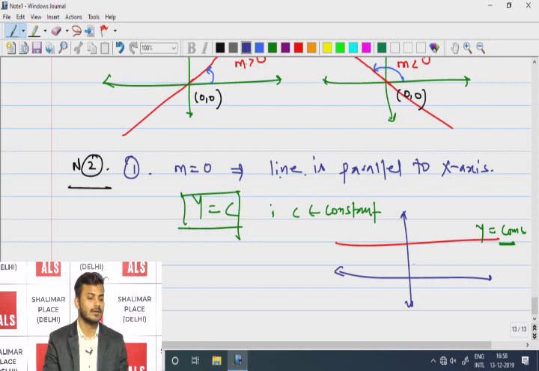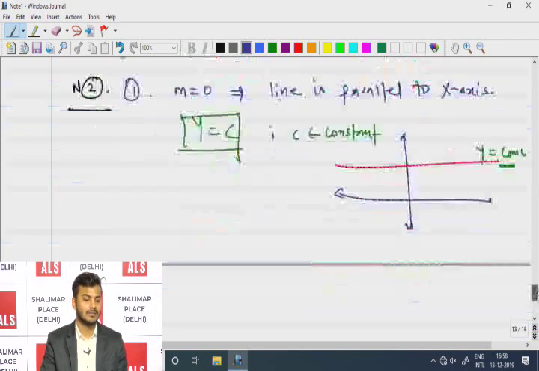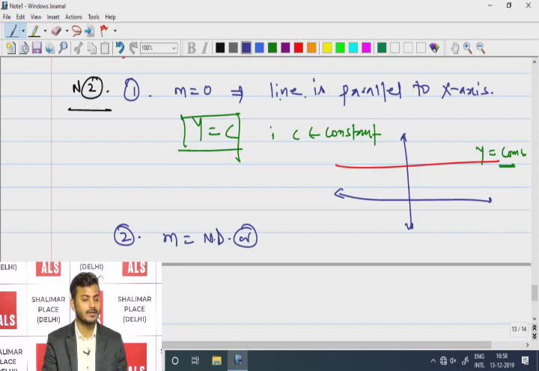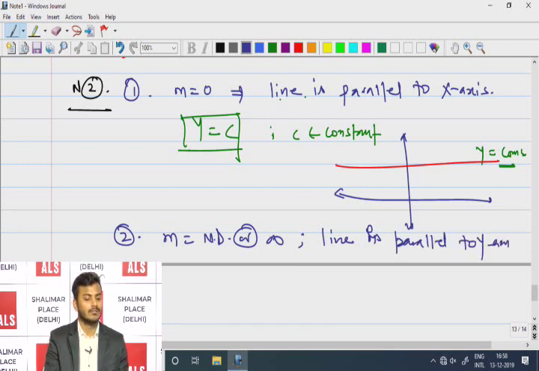Second is, if m is not defined or infinity, then what we call the line is parallel to the y-axis, or perpendicular to the x-axis.